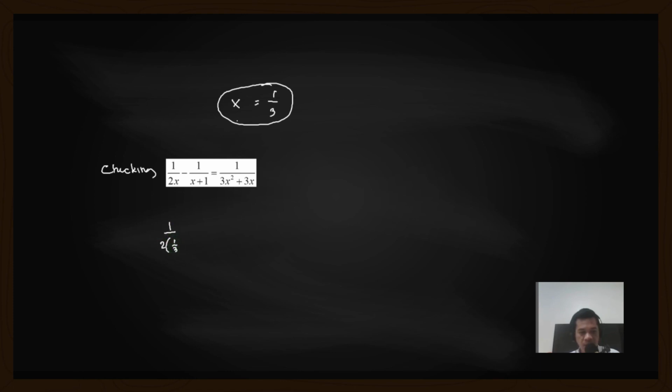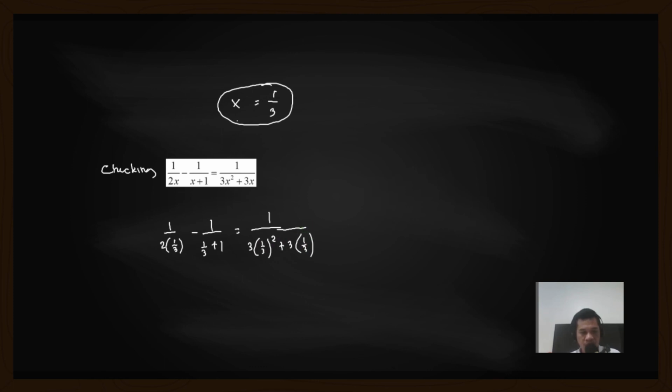So, this is now 1/3 minus. And this is 1/3 plus 1. And then, copy 1, 3 times 1 over 3, yan, raised to 2, plus 3 times 1 over 3.